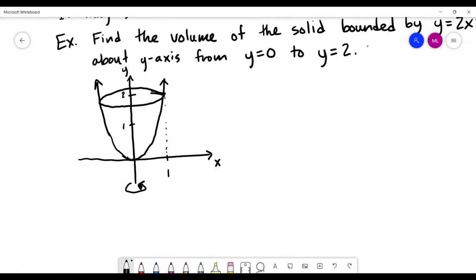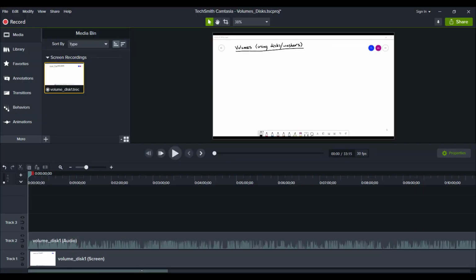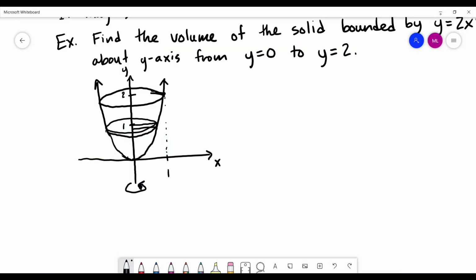In this case, we can compute the volume doing essentially the same thing we did before, but now instead of taking vertical slices, it's going to be a lot easier to take little horizontal slices and rotate those around, to have that be our little slice of area that we're cutting into.